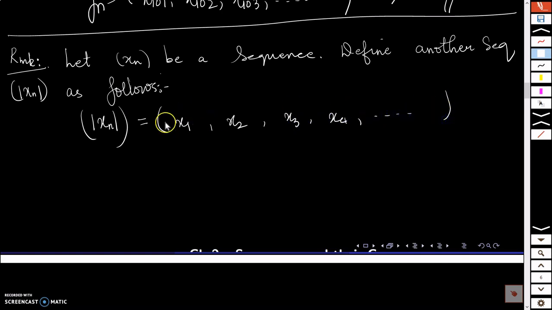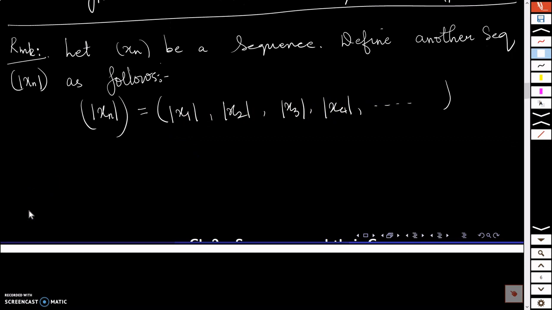The only difference will be that each and every term will have a modulus. So given any sequence xn, mod xn is another sequence, the same as the original one, but for each and every term of that sequence we put a modulus sign.